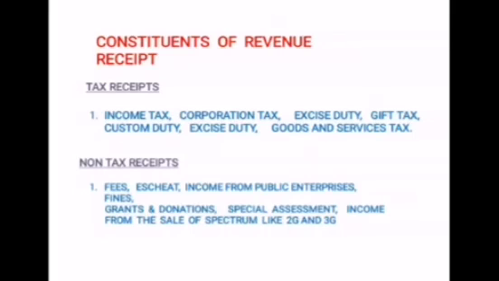Then we have corporation tax, excise duty, gift tax, and customs duty when goods move from one place to another, from one country to another. Excise duty is also collected on goods, especially on liquor, and the government earns a big revenue from excise duty.